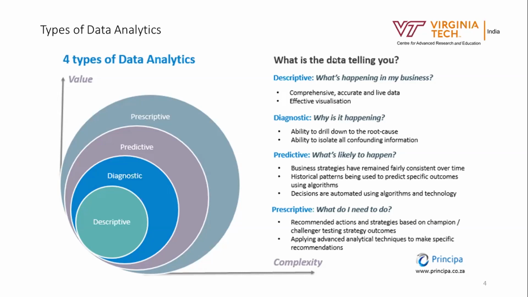The next thing I want to talk about was the types of data analytics. I think some of you might already know this, but I thought I'll cover this anyway. And this kind of mirrors what has happened over the years. If you look at the first step, it is basically descriptive analytics, and the data is just telling me what's going on.